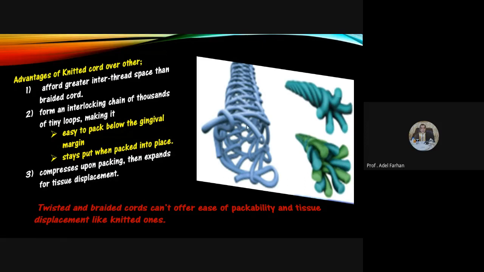When you continue your packing ما يصير بي displacement from the other area that you packed. So twisted or braided cannot provide easy packability and tissue displacement مثل ما يوفرها لنا ال knitted cord.